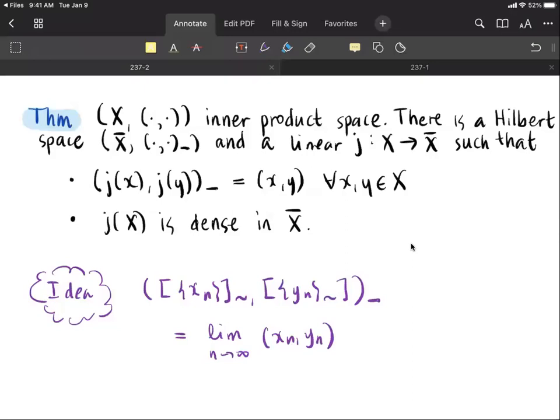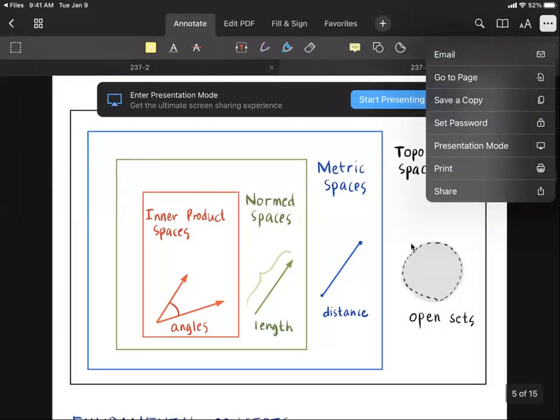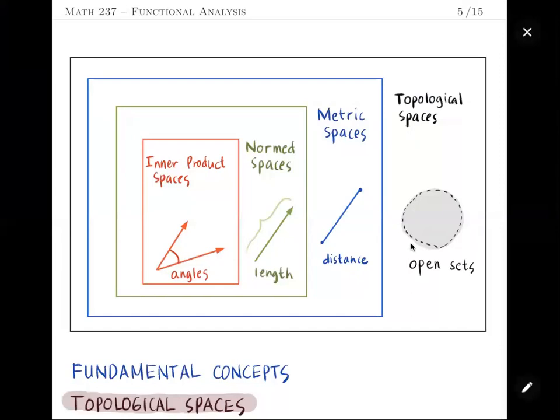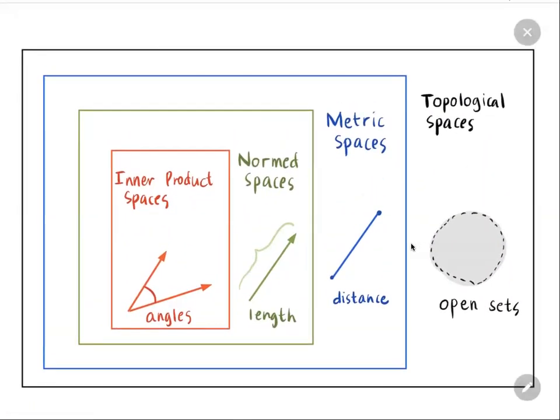Okay, so let us summarize the discussion in this chapter. In the past few discussions, we've started from the largest spaces that we are interested in downwards to the smallest. First, we have the topological spaces, where you have the notion of open sets.